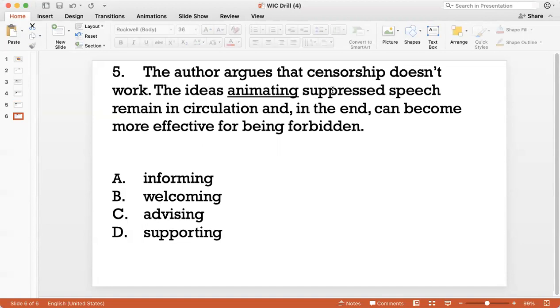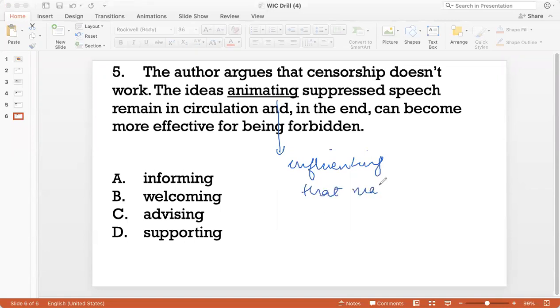So I need a word that could mean the ideas influencing suppressed speech, the ideas that make up suppressed speech, something like that. And I have informing, welcoming, advising, and supporting. Now, one meaning of informing is to influence, right?